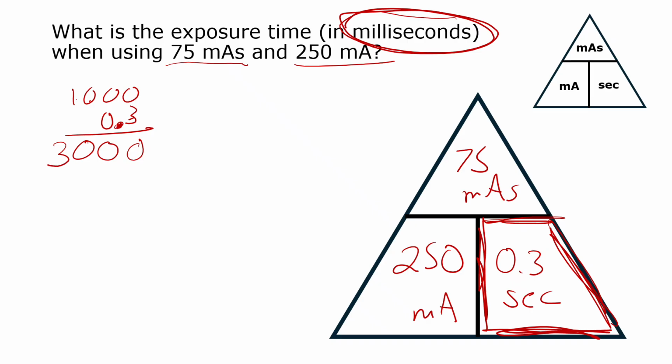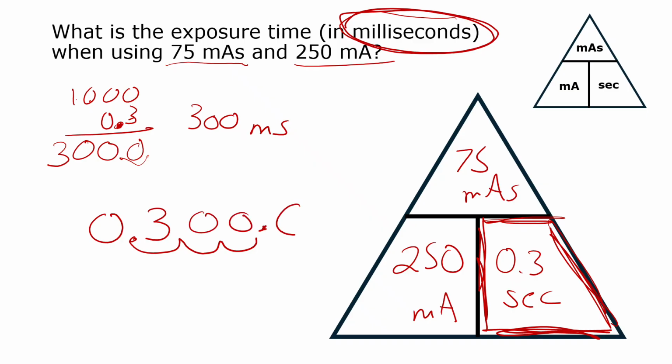We need to resolve that one decimal place. So we're going to move the decimal place over, and that'll be 300 milliseconds. You can also just move the decimal place over. So we started with 0.3 seconds, move the decimal place over 3 times. So that would be 300. So our answer would be 300 milliseconds.